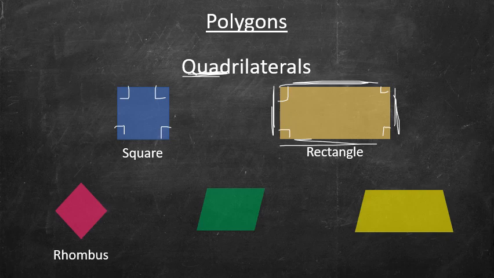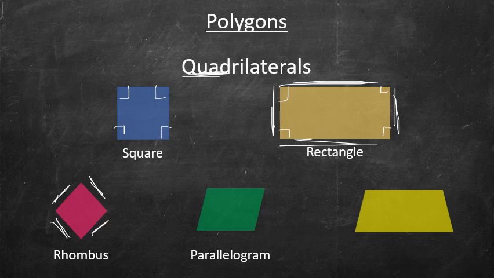the next shape is a rhombus. A lot like a square, it has four sides that are the same length, but they do not form right angles, okay? They do not form right angles. The next shape is a parallelogram, okay?